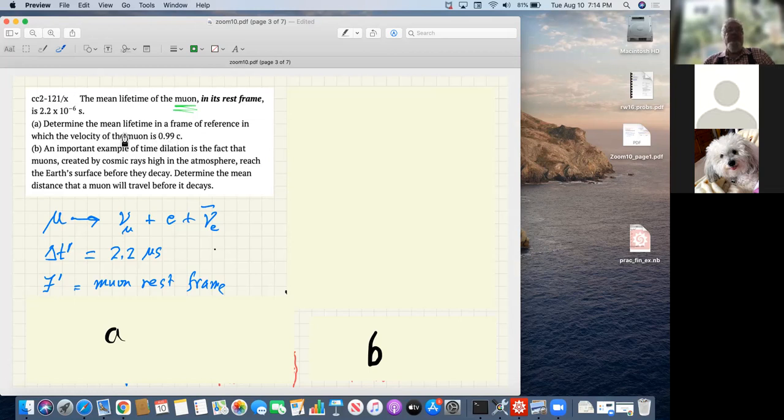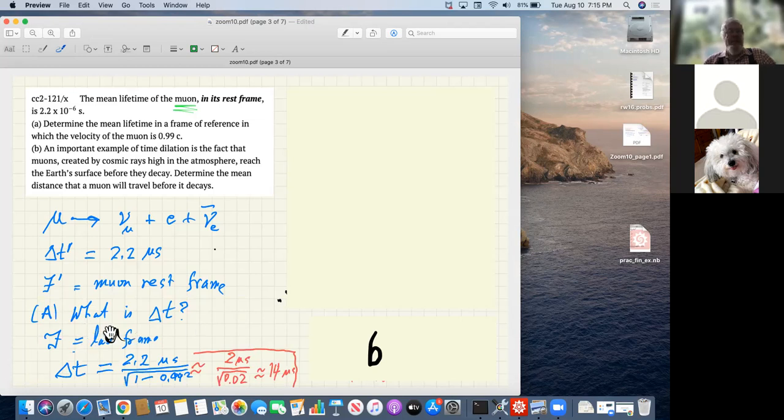So, for example, in the frame of reference of the Earth, where the muon has been created by a cosmic ray collision in the upper atmosphere and is moving very, very fast, approaching the speed of light. So that's part A. And that's an example of time dilation.